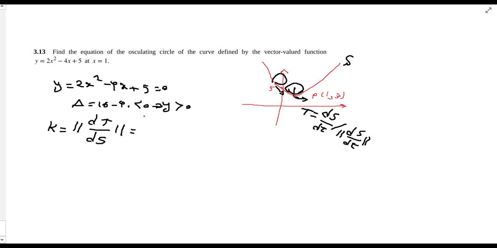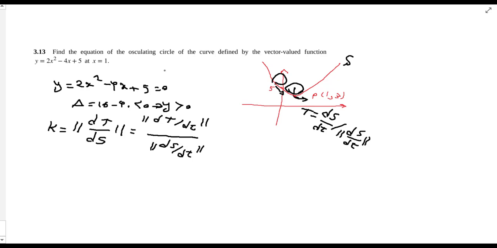So I can get the derivative of T over dt divided by the derivative of s over dt, because it is a parameterization.